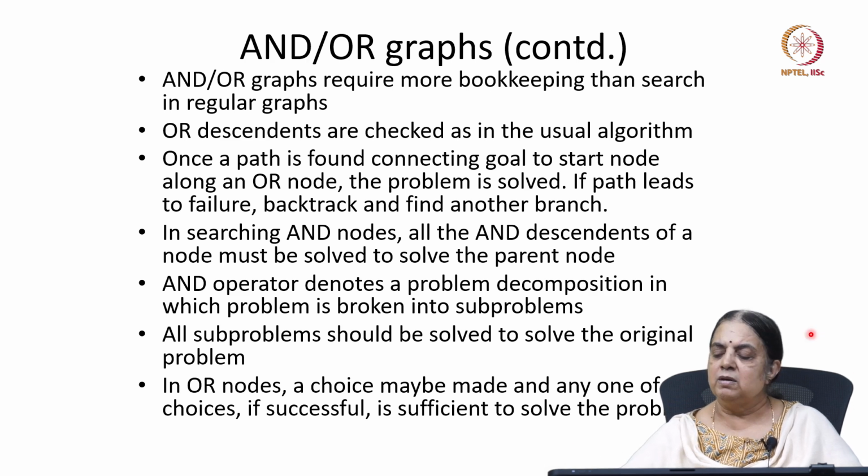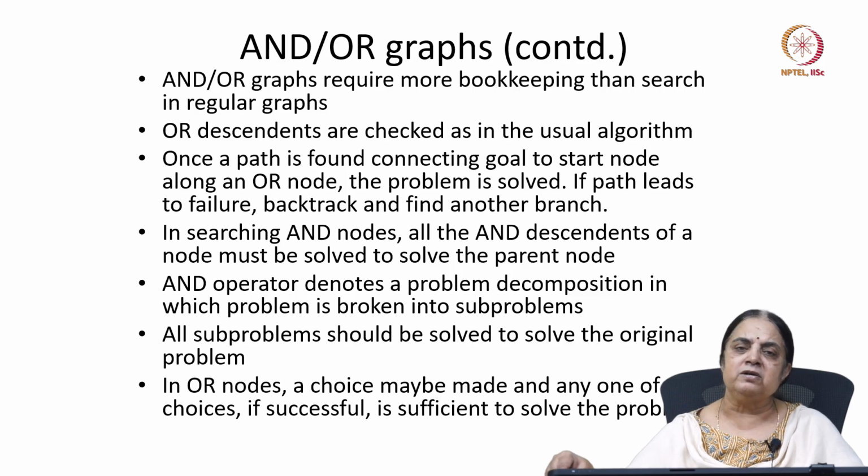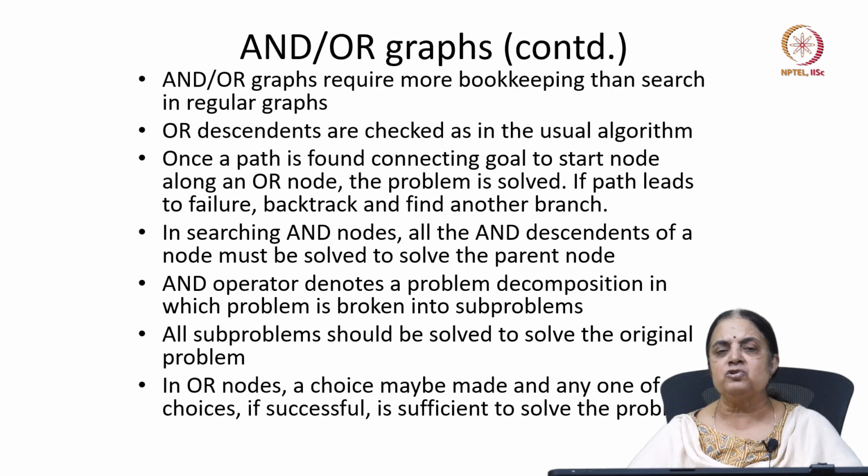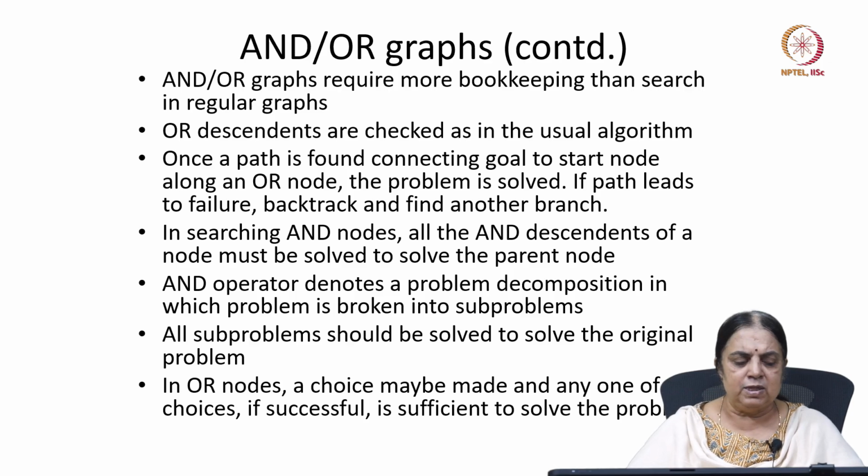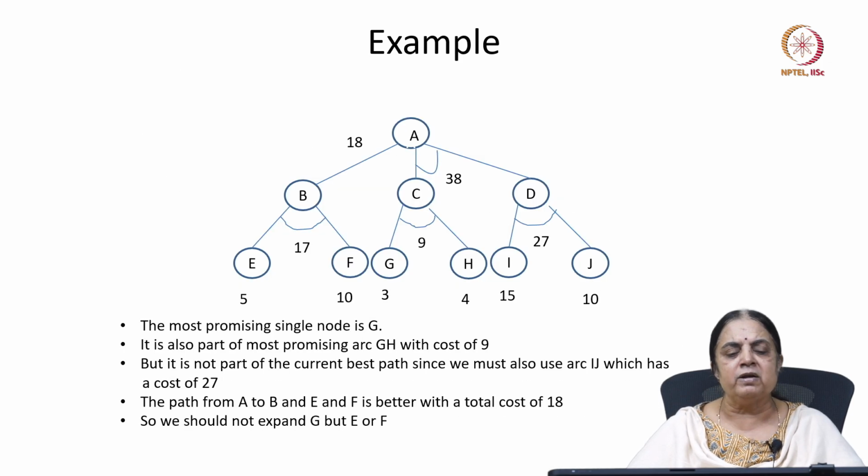It could be that each AND descendant is a subproblem of the overall problem. Whereas in the OR, you could make a choice, either this or this or this. So that is the difference between the two in the case of AND OR graphs.